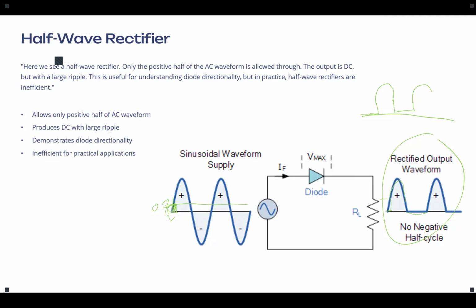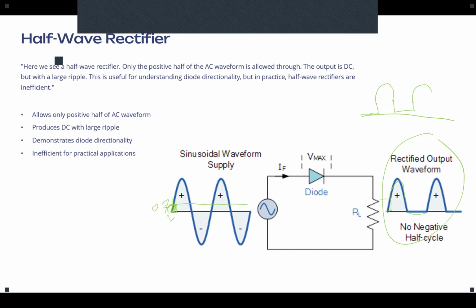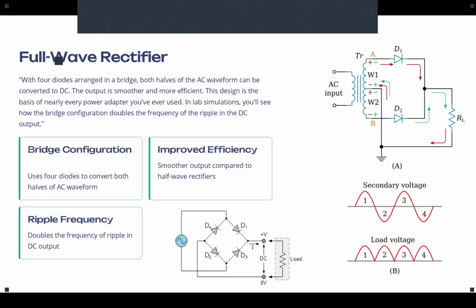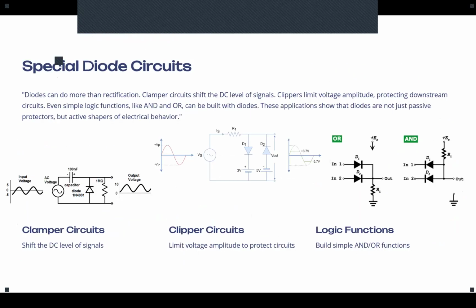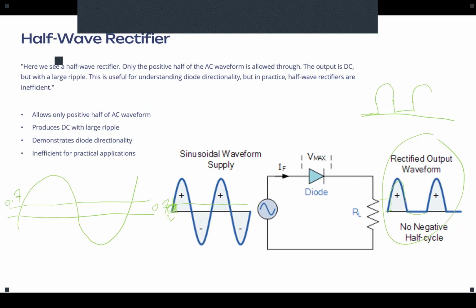Okay, this is the input. Let's say this is 0, and this is the 0.7. Now, what's happened is that this is 0.